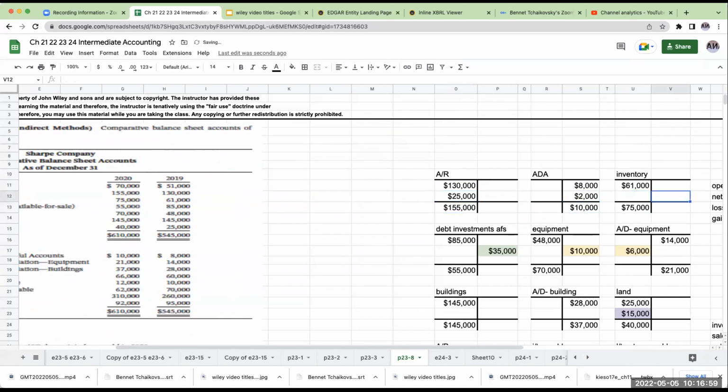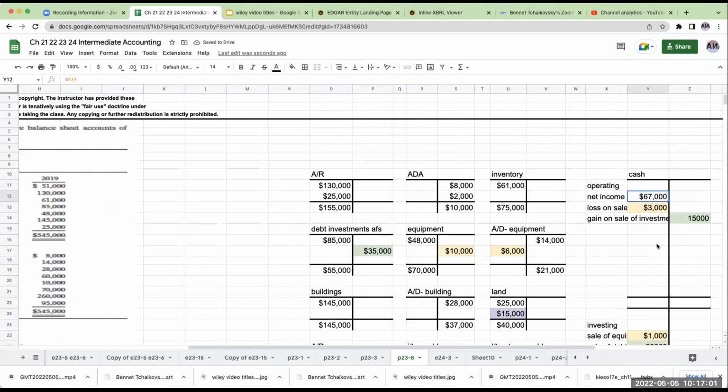The allowance for doubtful accounts increased by 2. So I would say over here, increase in accounts receivable would be 25,000. Over here, bad debt expense would be 2,000. That's how I would prefer to do it.